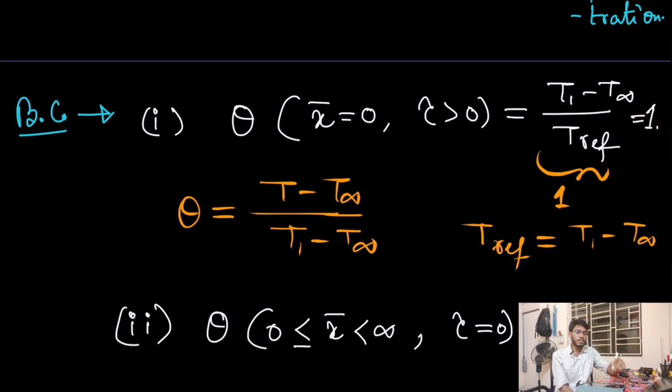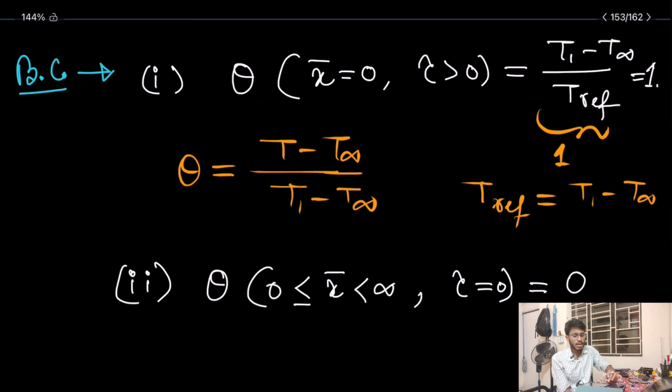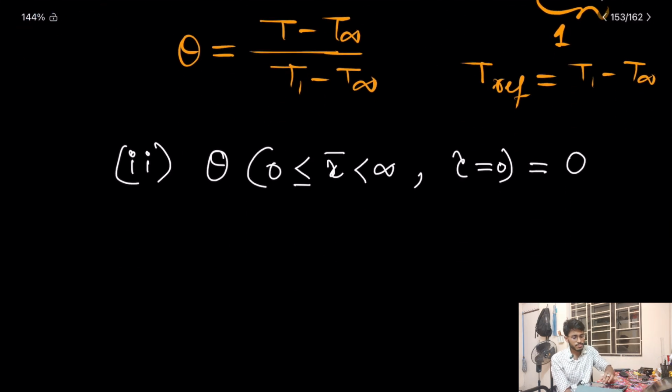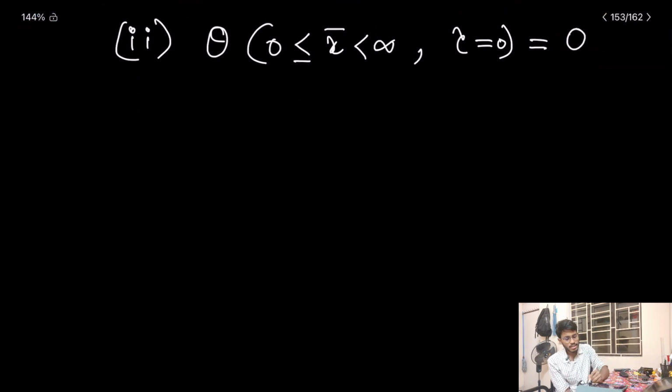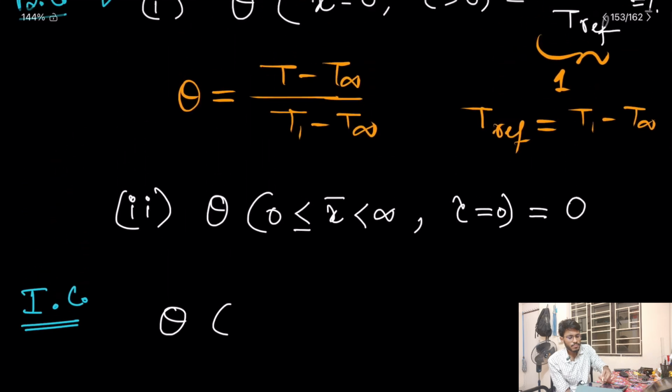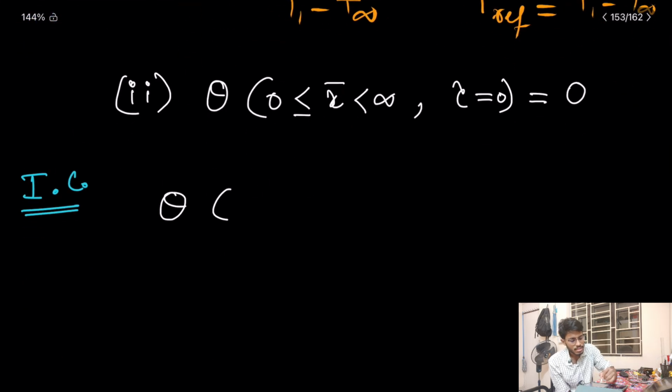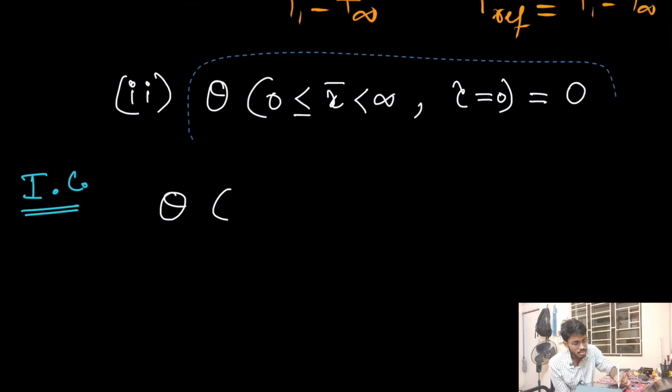So your homework will be to explore this option, and let me know your observation in the comment box. And finally, let me write the initial condition in the non-dimensionalized form. So theta, sorry, this was the initial condition, right?